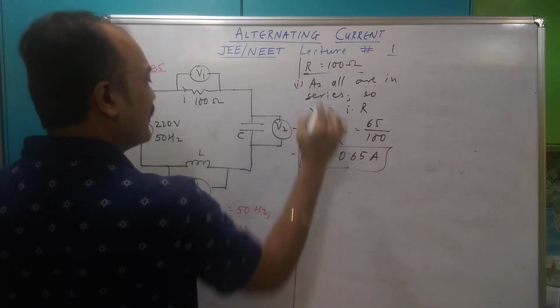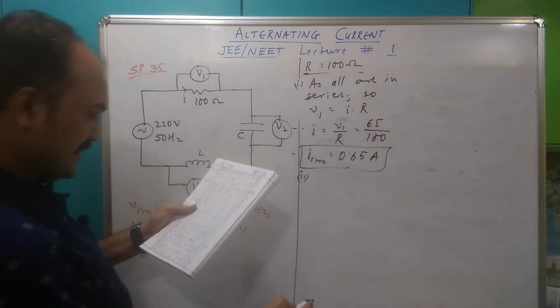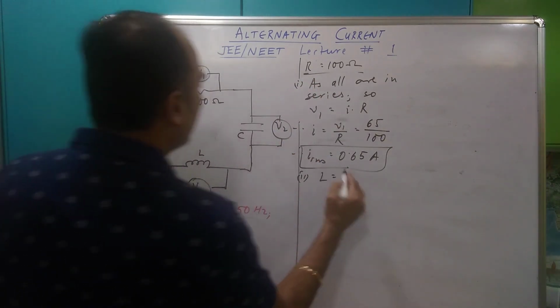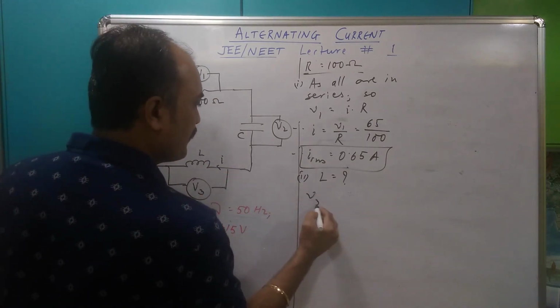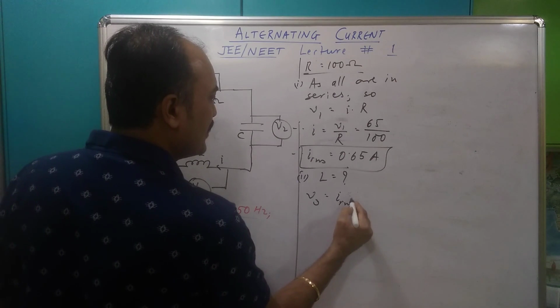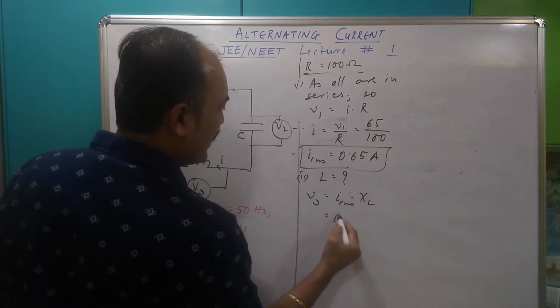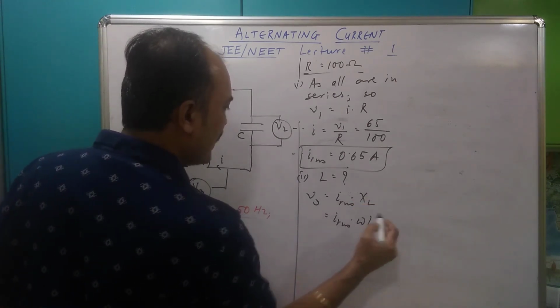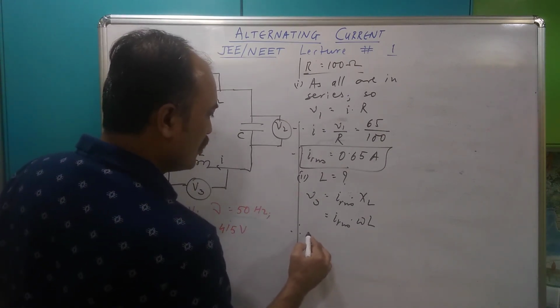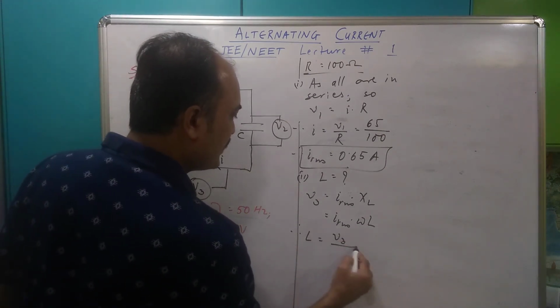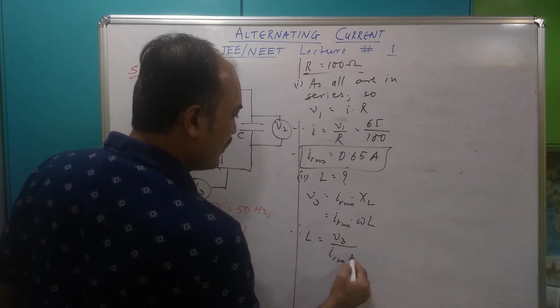ओके, अब सेकंड क्या चाहिए, वैल्यू ऑफ L. भाई करंट मिल गया तुमको इसके अक्रॉस, तो V3 is IRMS into XL. ऑलराइट, तो IRMS into ओमेगा L, ओमेगा है ना हमारे पास, 314, so L is V3 by IRMS into ओमेगा.